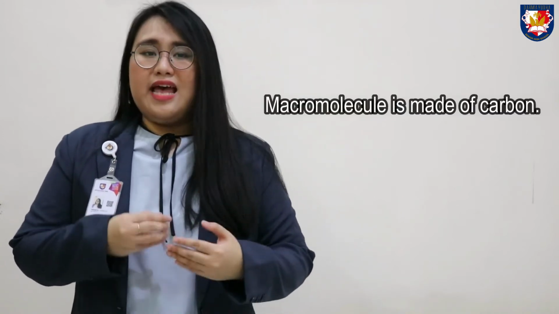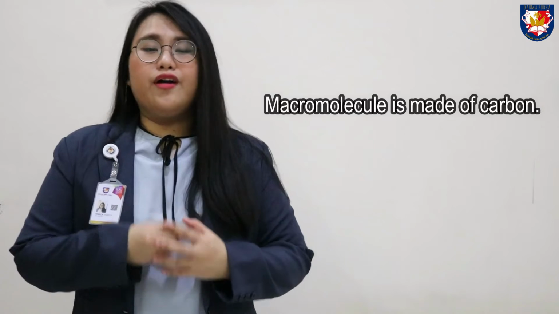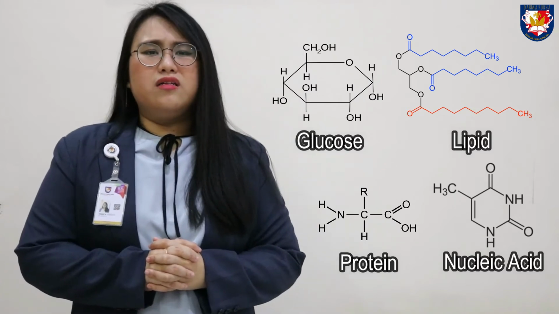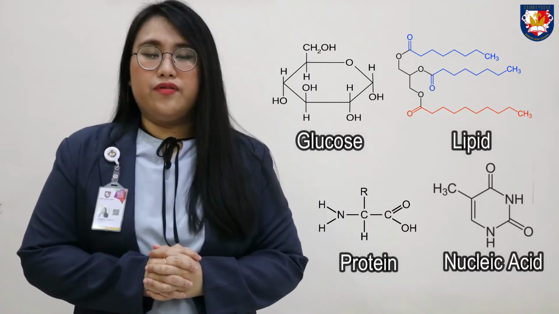Macromolecules, like I said before, are big or giant molecules, and they contain carbon. Let's take a look at the pictures here. In these pictures, you can see that all the molecules have carbon.